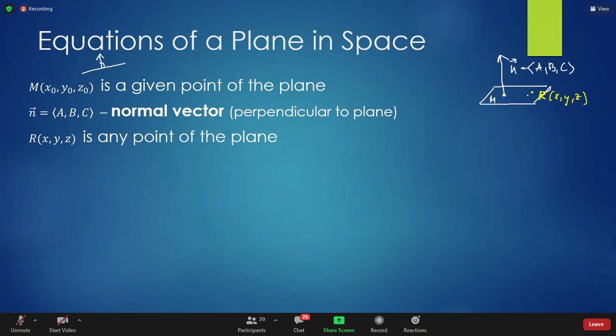So evidently we could write the vector MR. The vector MR is obtained by subtracting the coordinates of the starting point from the coordinates of the endpoint. Because the endpoint has coordinates x, y, z, and the starting point M has coordinates x0, y0, z0, the vector MR becomes x minus x0, y minus y0, z minus z0, this one.